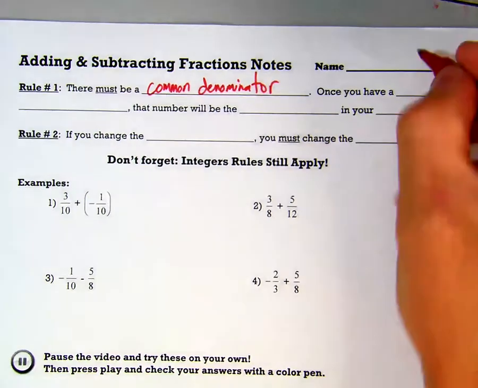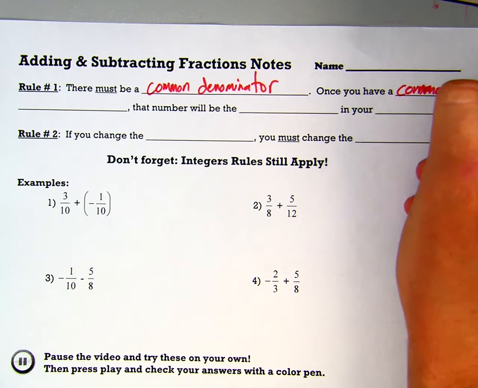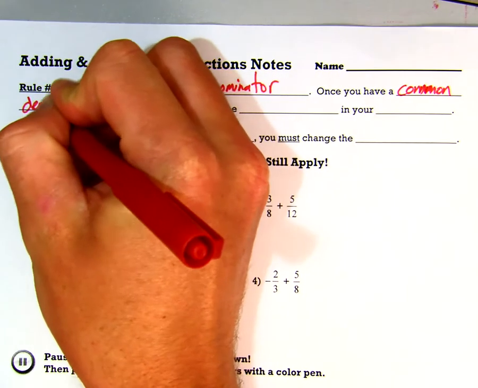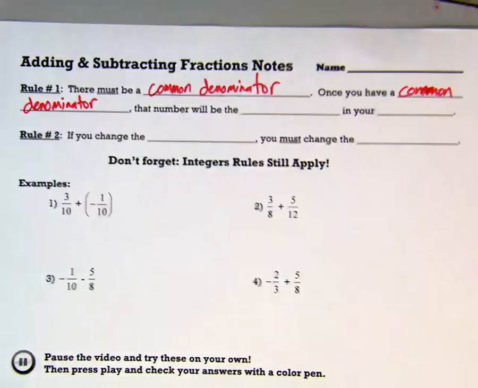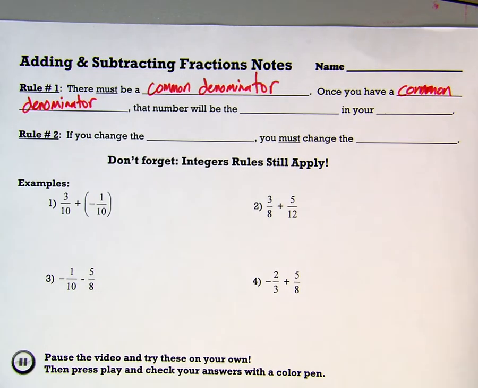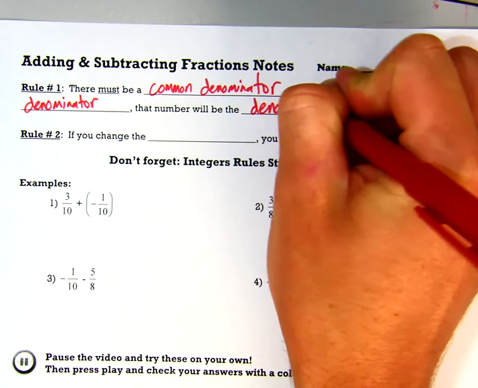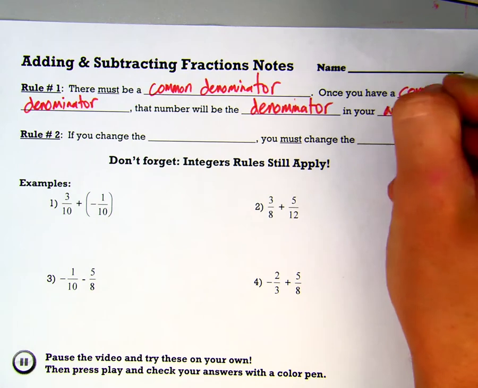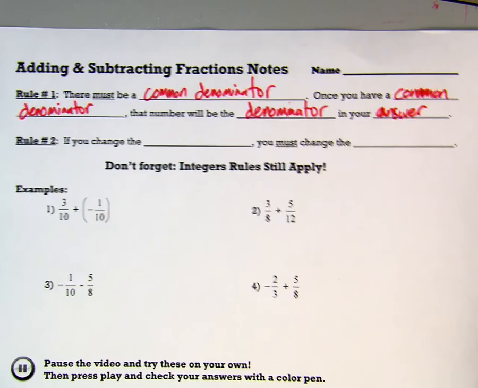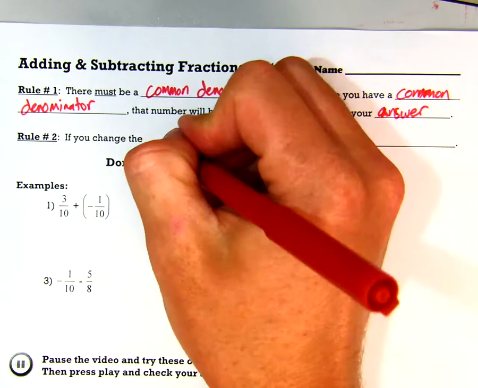So once we have our common denominator, that number will be the denominator in our answer. Okay. All right, rule number 2. If we change our denominator, we must change the numerator.